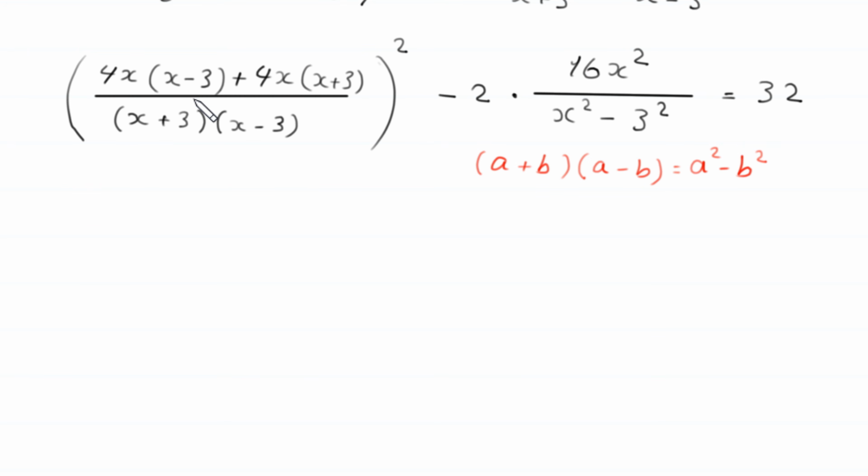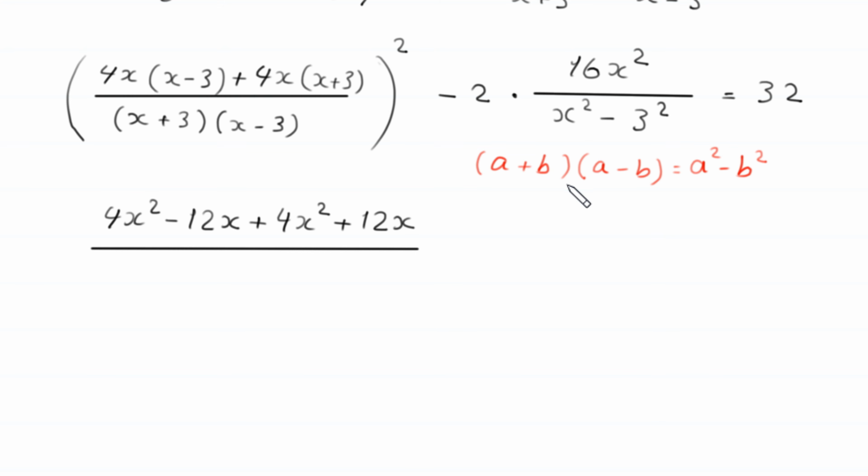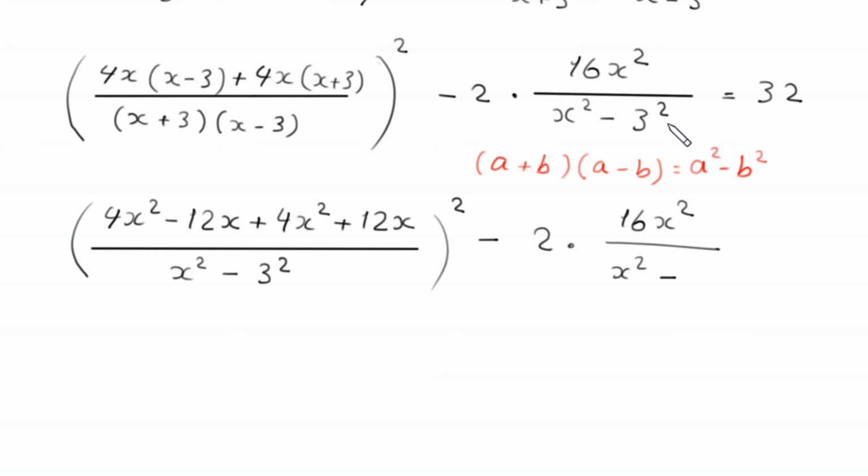Now this 4x times x will become 4x squared, and 4x times negative 3 is negative 12x, plus 4x times x is 4x squared, and 4x times plus 3 is plus 12x, divided by, using this algebraic identity, this x plus 3 times x minus 3 will become x squared minus 3 squared, whole squared minus 2 times this 16x squared divided by this x squared minus this 3 squared will become 9 is equal to 32.